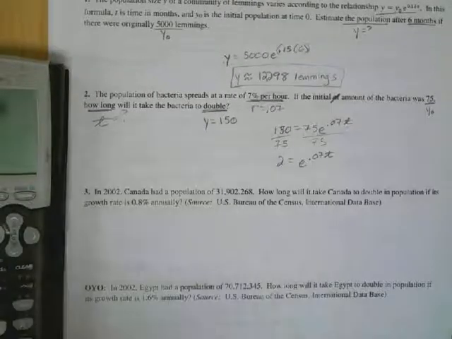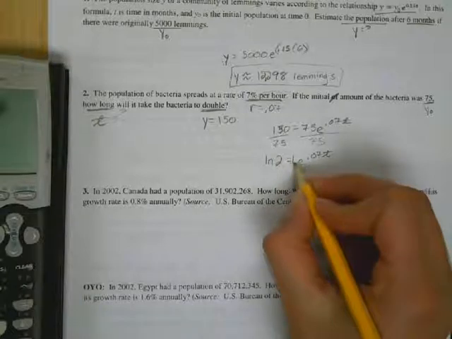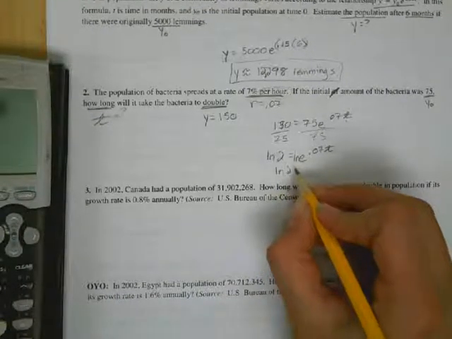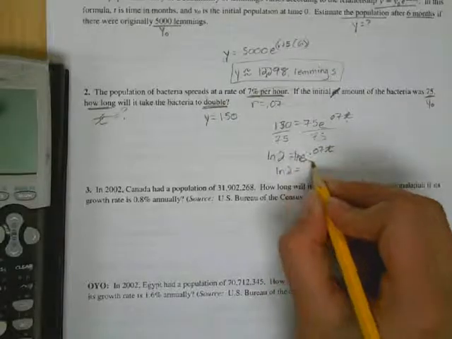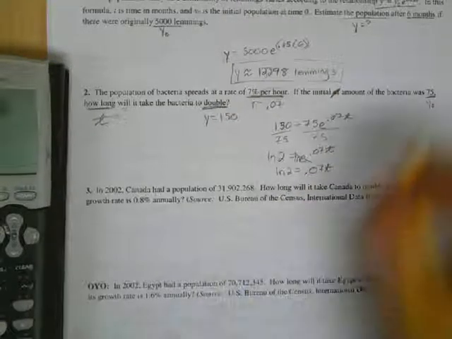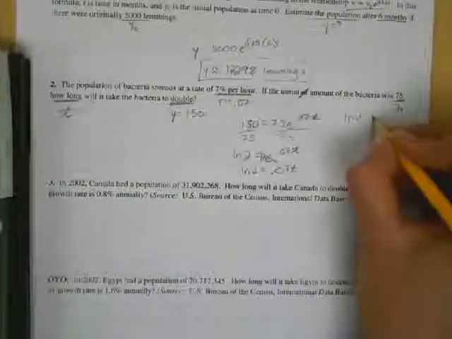Okay, if I want to bring the T down, I need to take the natural log of both sides. And that way I get the natural log of 2 is equal to, remember, natural log of e crosses out, and I get 0.07T. So I've got the natural log of 2 is equal to 0.07T.